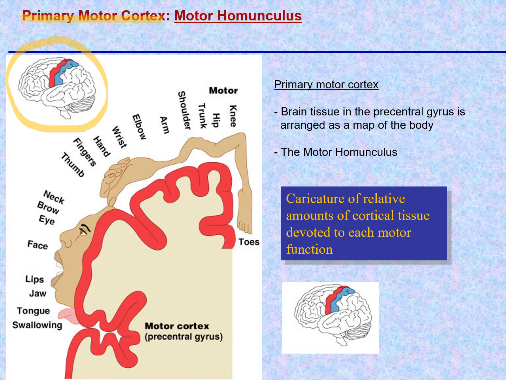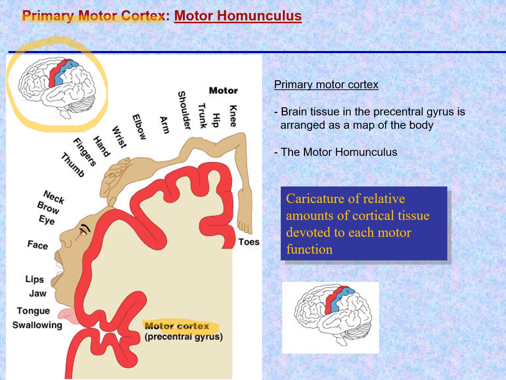So if we look at this slice through the precentral gyrus, the primary motor cortex, what you have is the motor cortex. Remember that the cortex is in the outer part, and underneath that is mostly white matter. So the cortex is outlined here in red all through here, following the surface features of the cerebrum. That's the cerebral cortex.